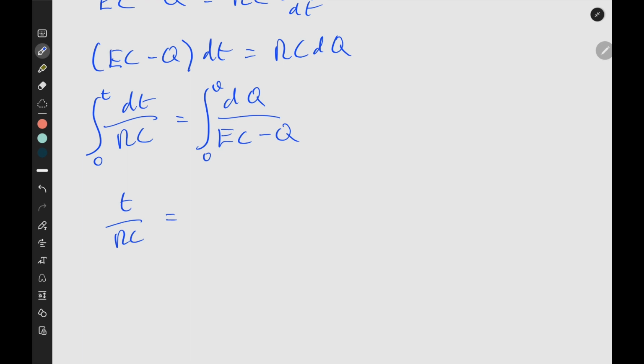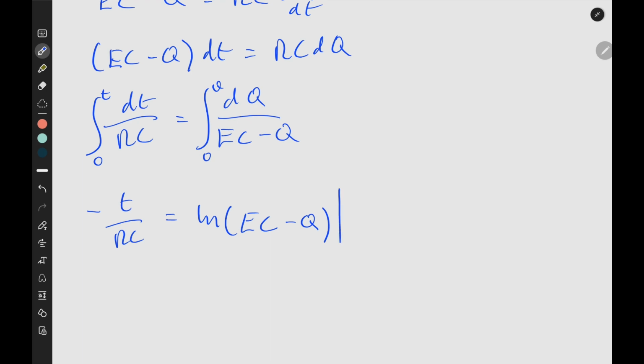On this side, it's a little bit harder. It becomes log of EC minus q, and accounting for the chain rule, the negative for q has to come out to the front. But again, let's just dump it over here because it's all the same.